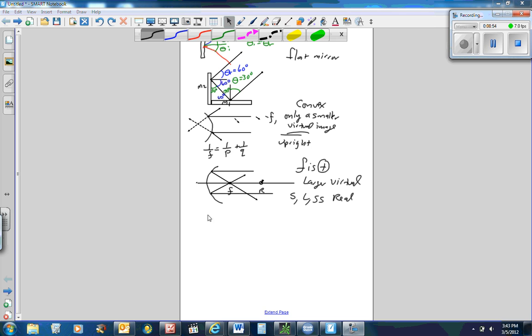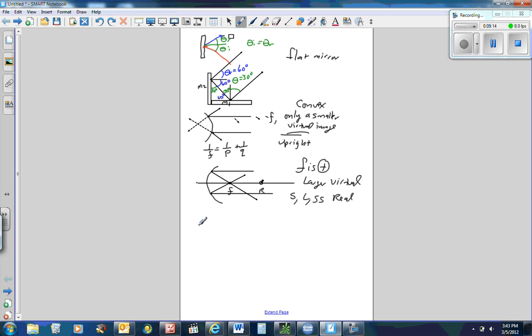So if we look at what's going on here with the concave mirror, when I say small, large, or same size real, or larger virtual, it's kind of specialized. It can do a lot more than the convex, and here's what I mean.